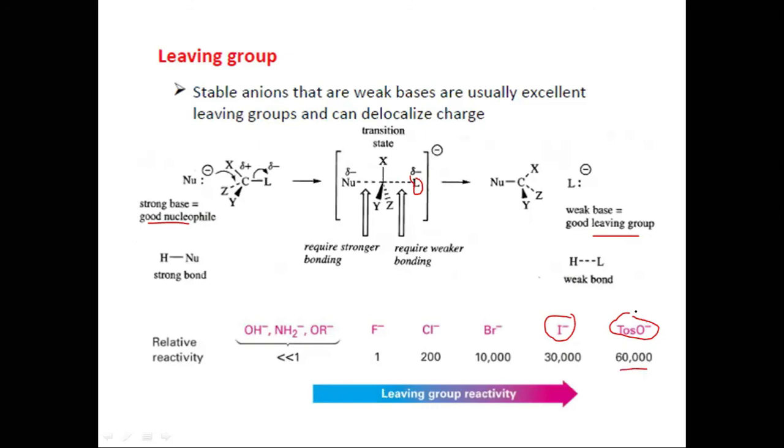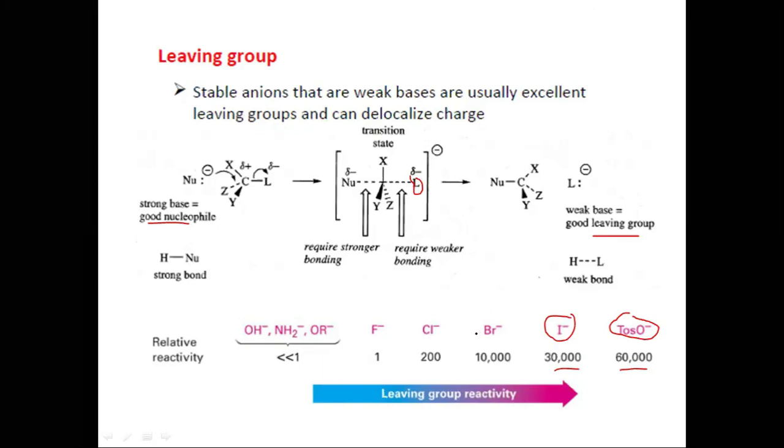If the substrate has a tosylate functional group, the rate of reaction will be very fast. Then an alkyl halide, particularly an alkyl iodide, also proceeds in a moderately good way for the SN2 reaction.